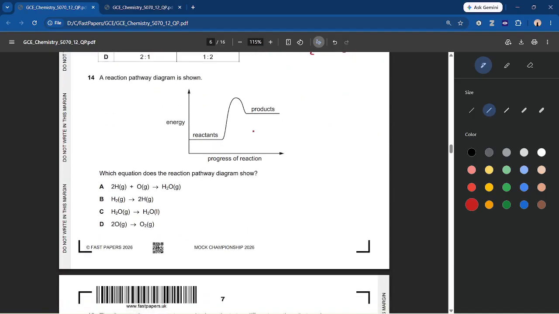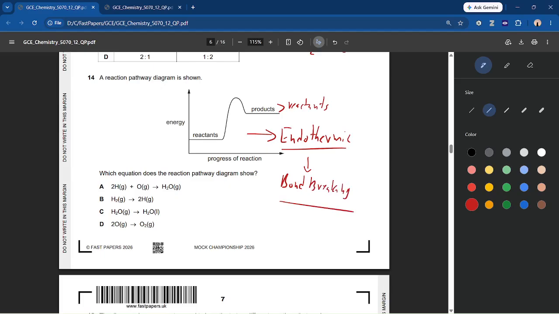A reaction pathway diagram is shown. We can tell by the shape of the curve that the final energy is higher. So the energy of the products is greater than the reactants. So this is an endothermic reaction. Because it's endothermic, it usually means there's a lot of bond breaking happening. So we're going to look for a reaction that shows bonds being broken.